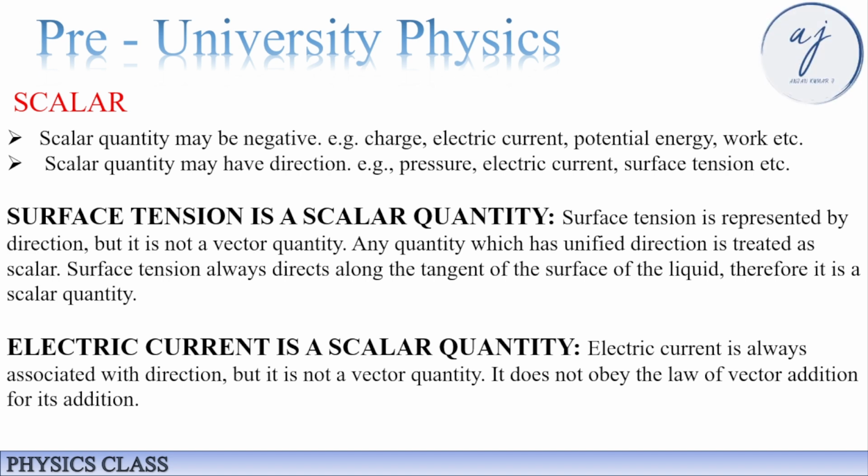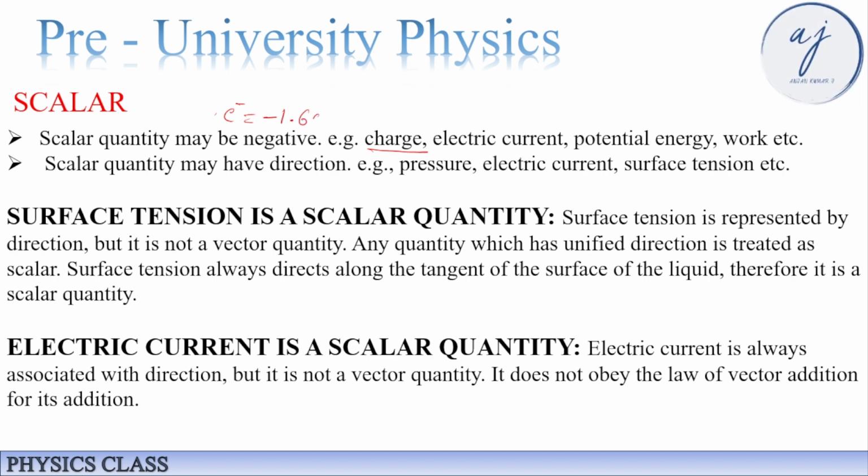Just because we have mentioned that a scalar quantity has only magnitude doesn't mean that it will always be a positive quantity. Sometimes scalars will also be negative. One of the simplest examples that I can give you is the charge of an electron.